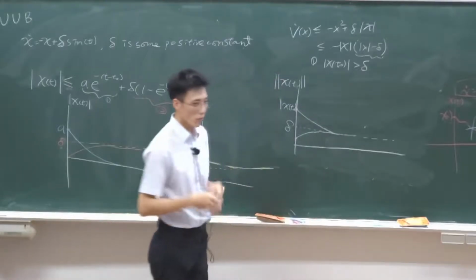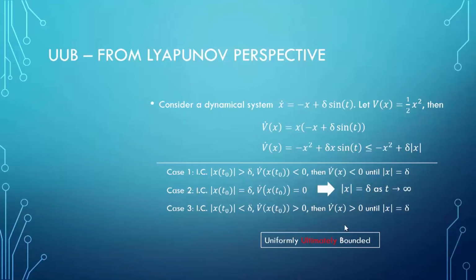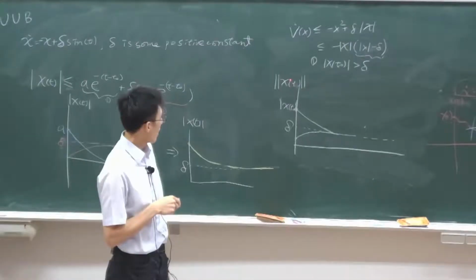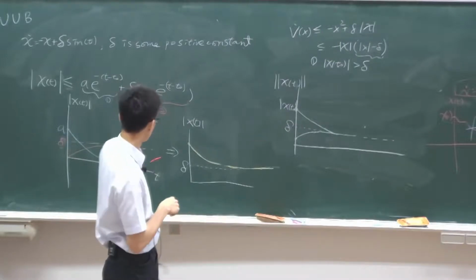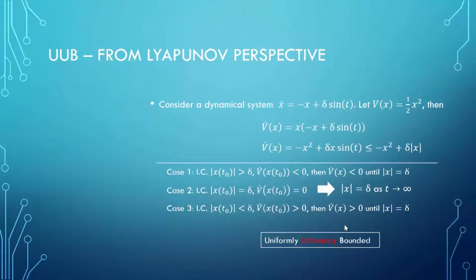So if you find that V is like this form, no matter what your initial condition is, x norm will eventually converge to a constant, and that's the UUB case. So remember this form. If you have this, that's great, that's negative definite, right?